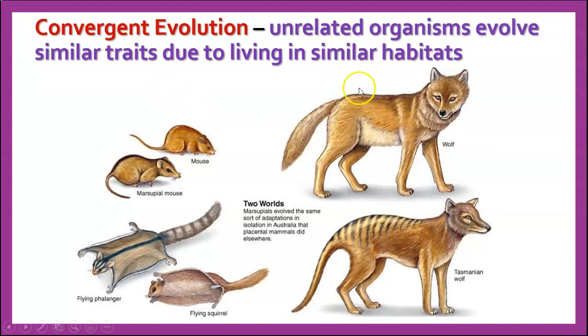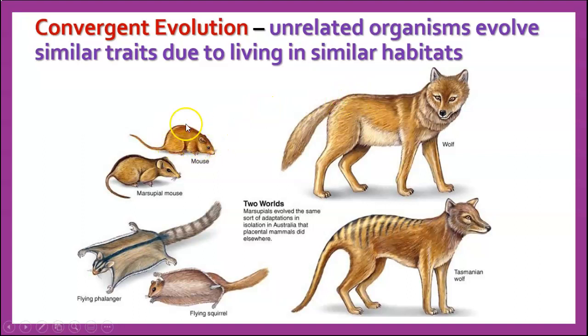And so here we have a wolf, which is familiar to us in North America, also present in Europe and Asia. And here we have a Tasmanian wolf, and a Tasmanian wolf again is a marsupial, but it has similar adaptations and lives in a similar way to the wolves that we have here in North America.